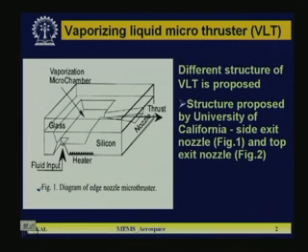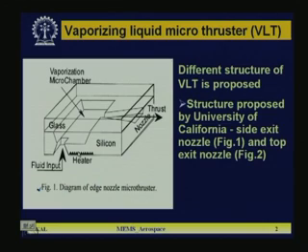The bottom piece is silicon and the top piece is glass, and here is a vaporizing micro chamber which has been formed by micromachining silicon, and then a small channel, and at the end there is an exit nozzle. Now, a heater is used here, embedded into the silicon.